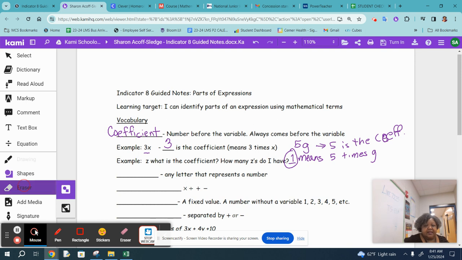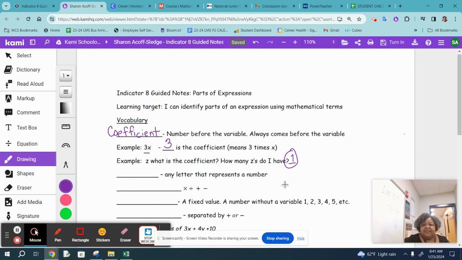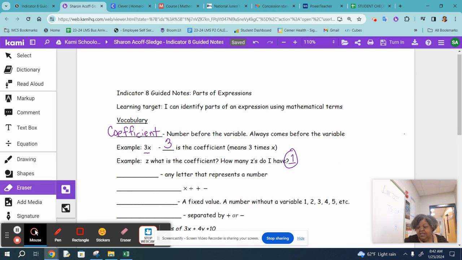It's just a 1. So your coefficient is 1. If I gave you a g, what's my coefficient? 1. So don't say the coefficient is 0, because if the coefficient is 0, you wouldn't have anything there. 0 times anything is 0.